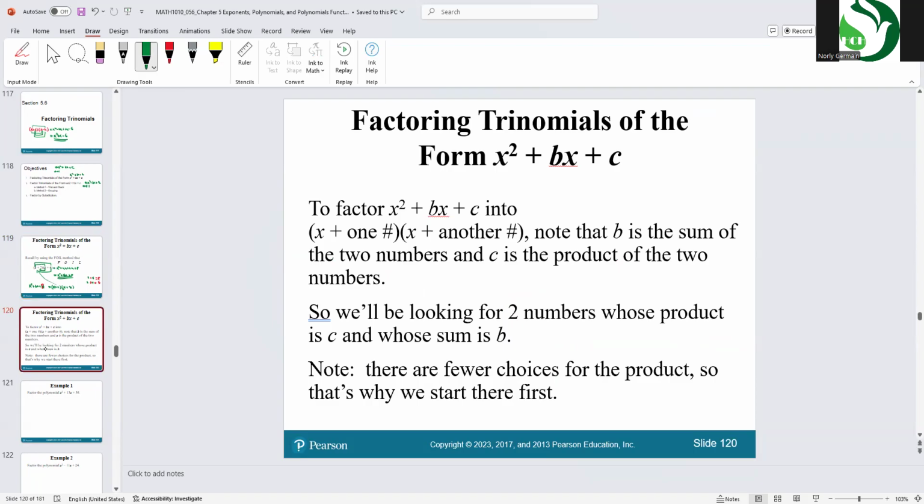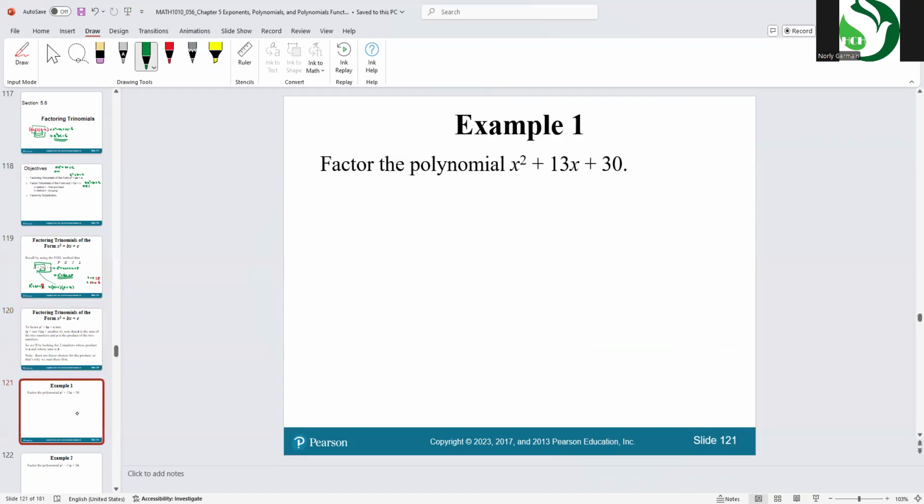There are very few choices for the product, so that's why we start with that. Say we want to obtain 30: two numbers that, when you multiply, give you 30, but when you add these two numbers, give you 13. That should be 3 and 10. 3 times 10 is 30, and 3 plus 10 is 13.